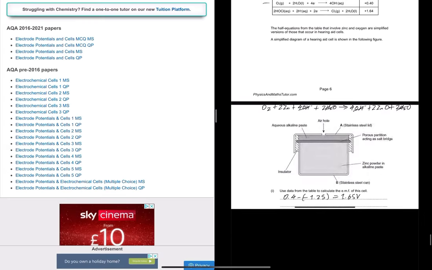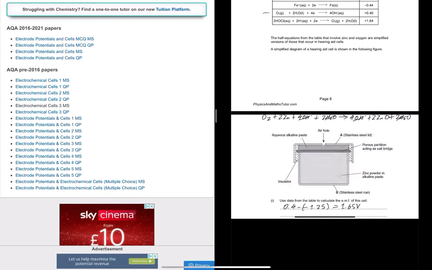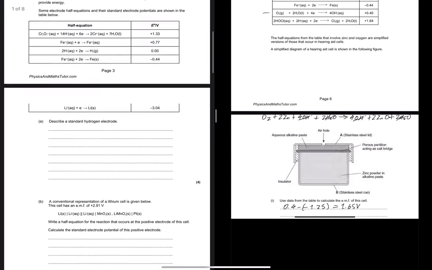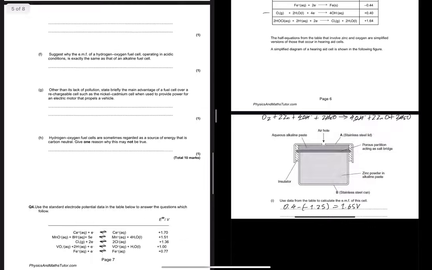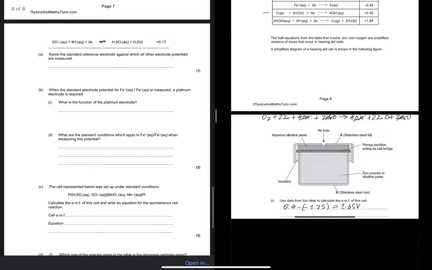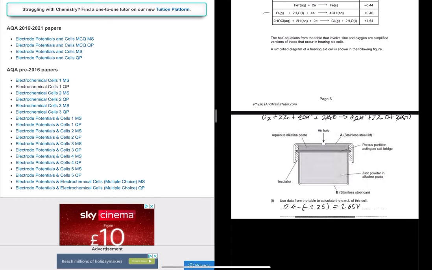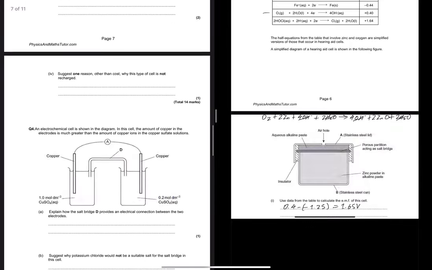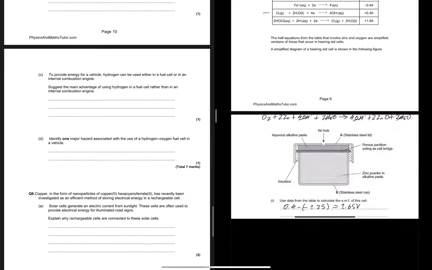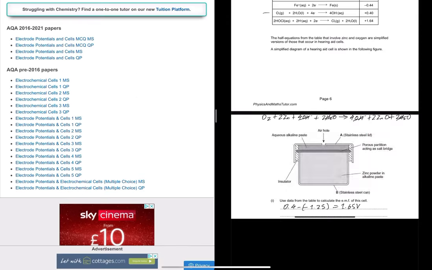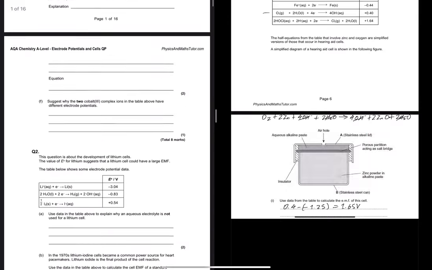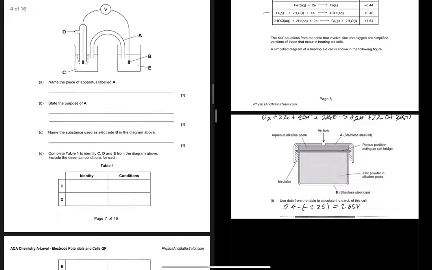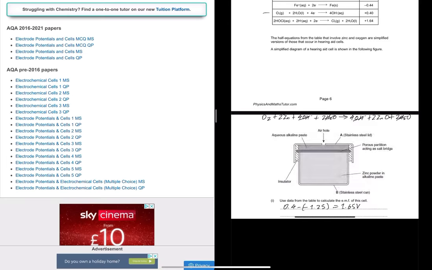Is this from a different question? I think it might be a different question. Maybe it's the wrong one here. Where did I get this question from?